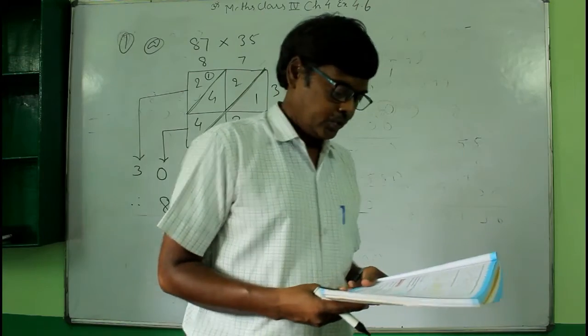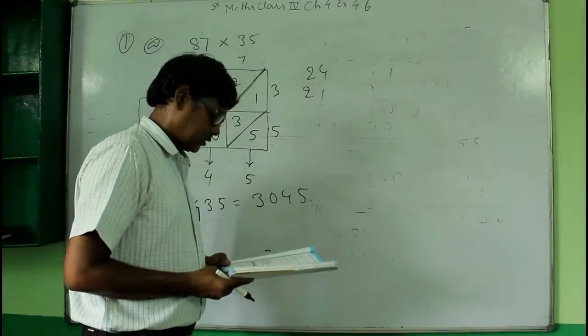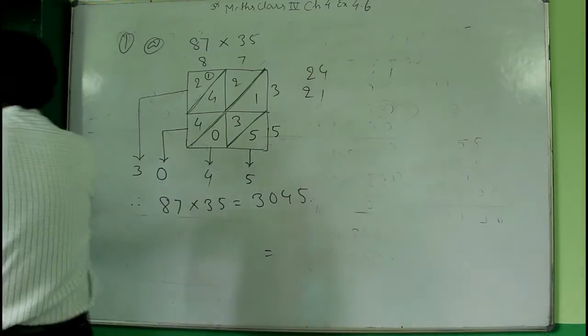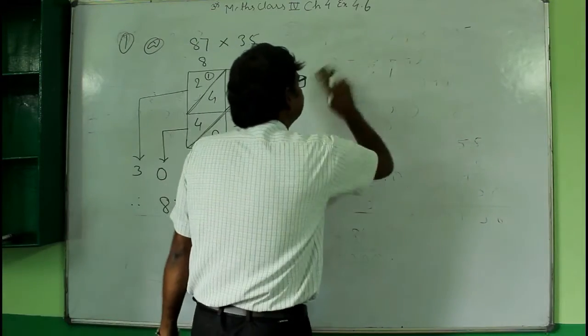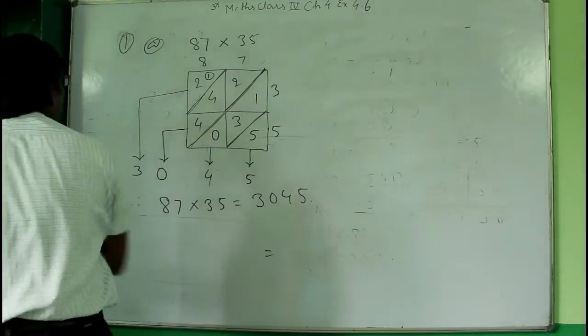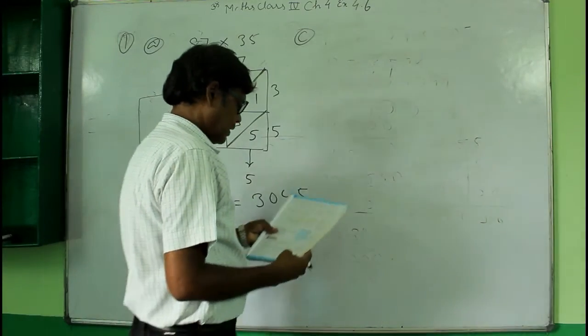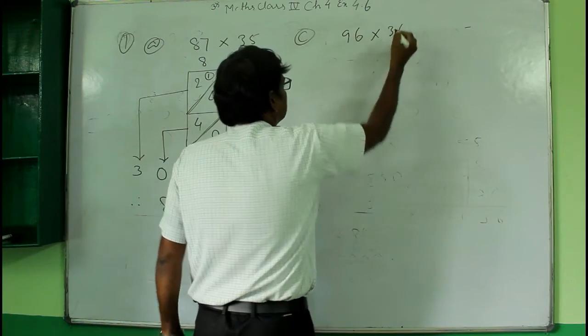Now I will do one more question, question number C, again by using lattice multiplication: 96 into 36.